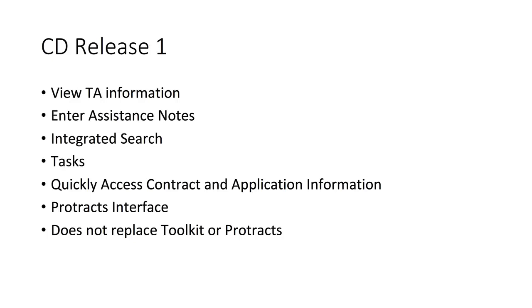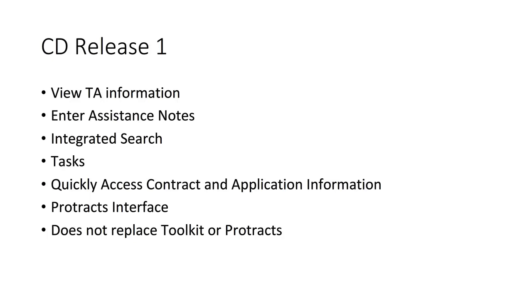The user will be able to quickly enter electronic assistance notes for clients and allow non-toolkit users to easily view those assistance notes. The user will be able to more efficiently search for technical and financial assistance due to the integrated search that finds case files and contracts or applications for the client.